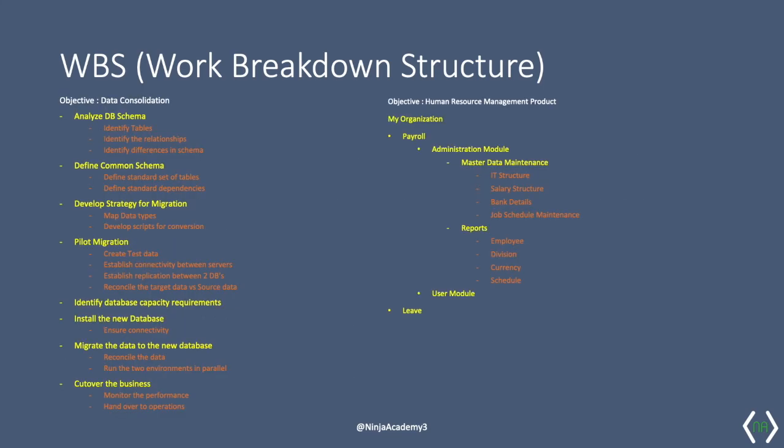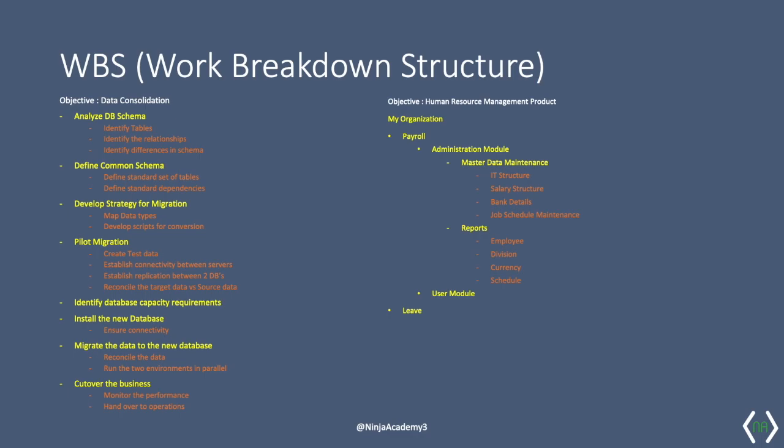Let's look at WBS with a few examples. The first example is that of a data consolidation project. Notice the activities highlighted in yellow and sub-activities in orange. Breaking the tasks into subtasks requires experience and expertise. When you do so, estimation becomes that much easier.